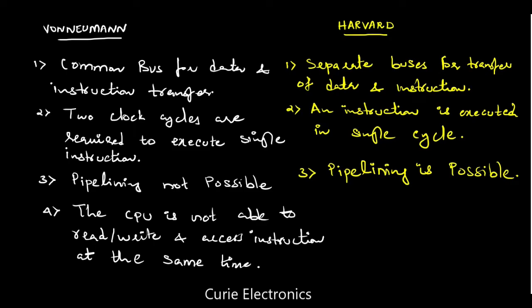In the von Neumann architecture, the CPU is not able to read and write and access instructions at the same time. If the CPU is reading or writing, it cannot access the instruction. Reading or writing means it is for data.